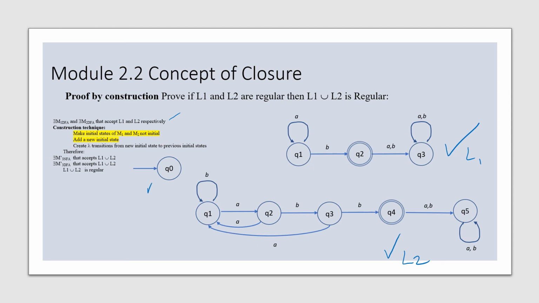From my new initial state, just like what we did before with the other two languages, I create Lambda transitions to the previous initial states of my other DFAs. So I created a new initial state and added Lambda transitions. Now, that being said, I have an NFA.